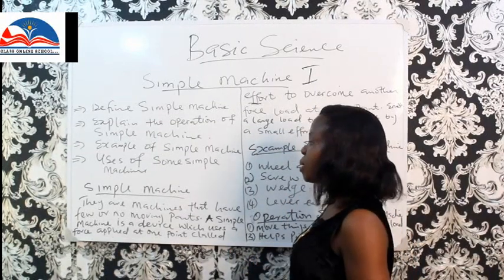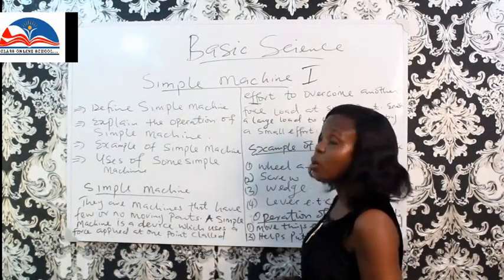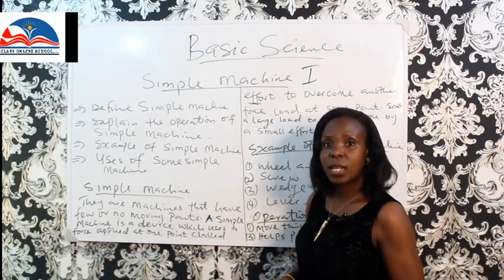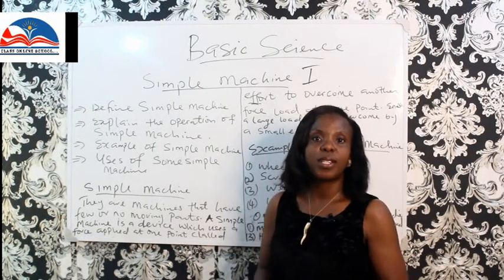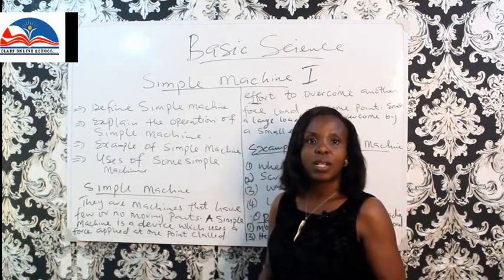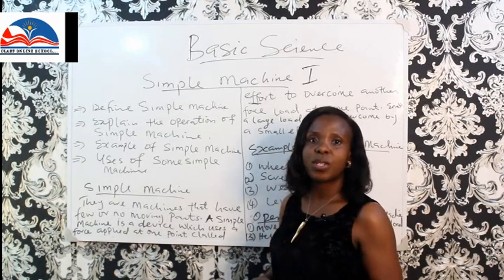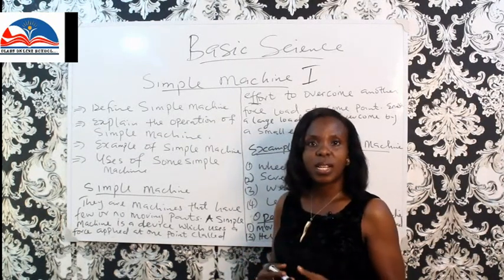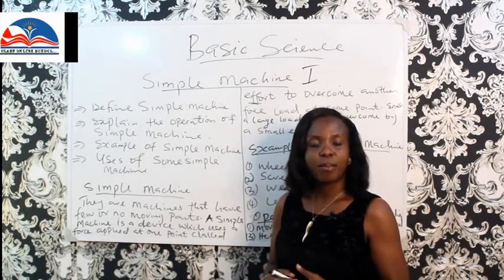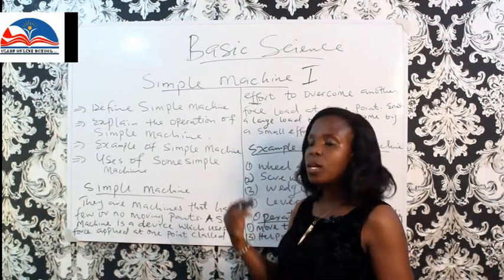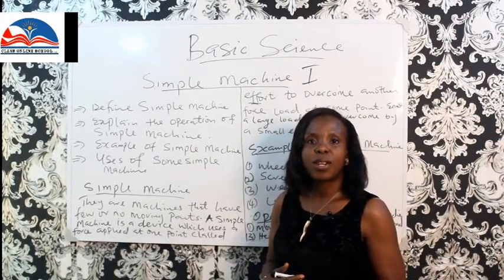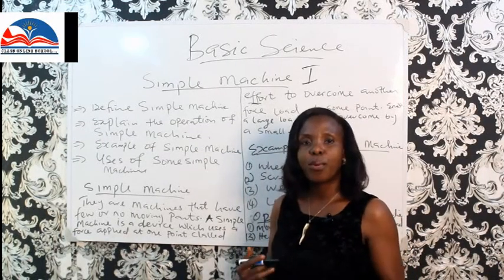So let's start by trying to explain what a simple machine is. When we say something is simple, that means there is a complex version of such a thing. When we talk about simple machines, we are talking about machines that are simple to use. They might not necessarily be machines used in industries or in production.